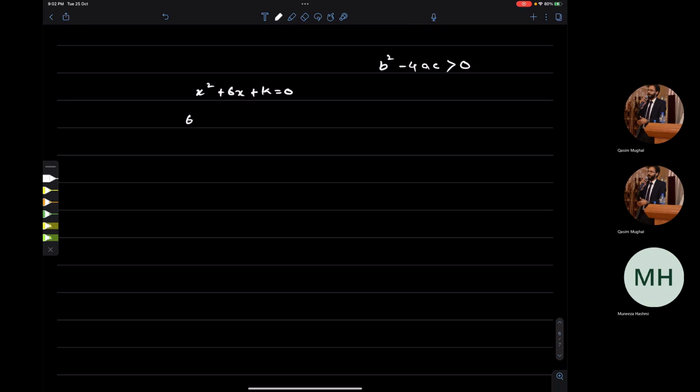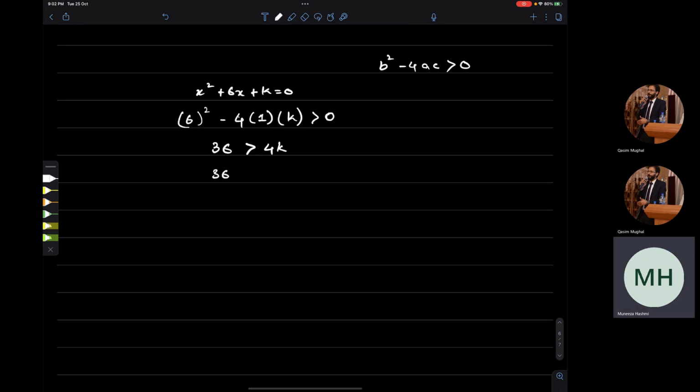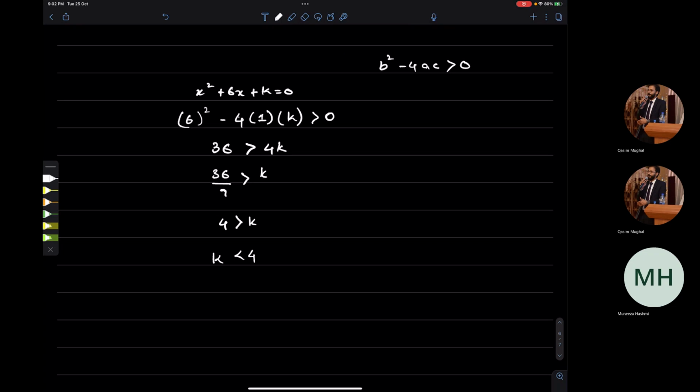So 6 squared minus 4 a and c should be greater than 0. We're finding out the value of k from here. So 6 squared is 36, greater than 4k, and 36 divided by 4. So k is basically less than 9.